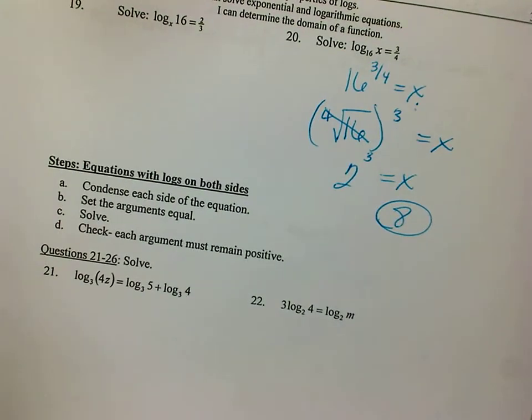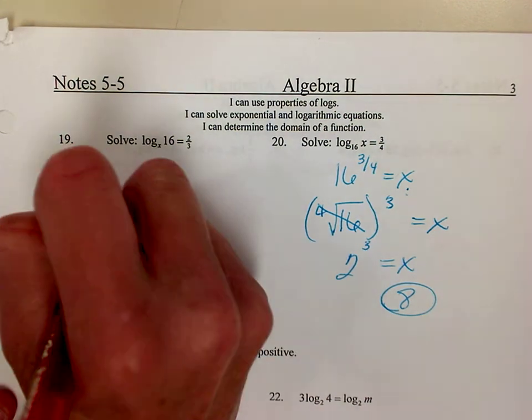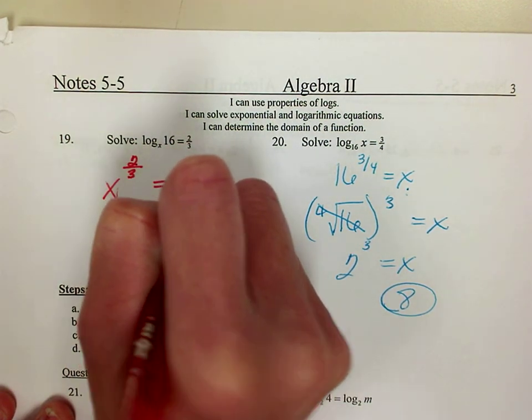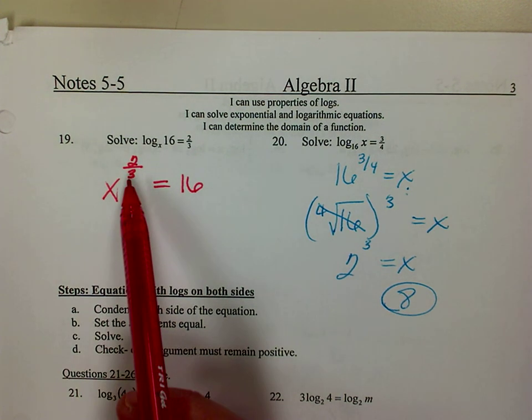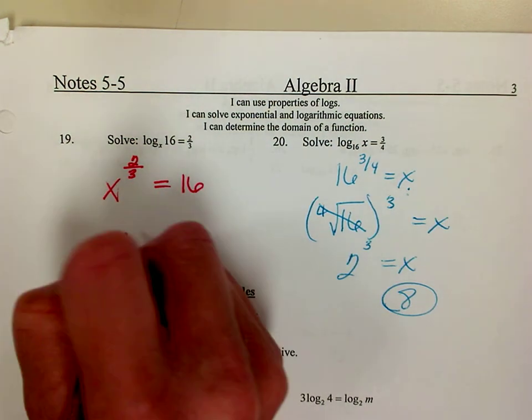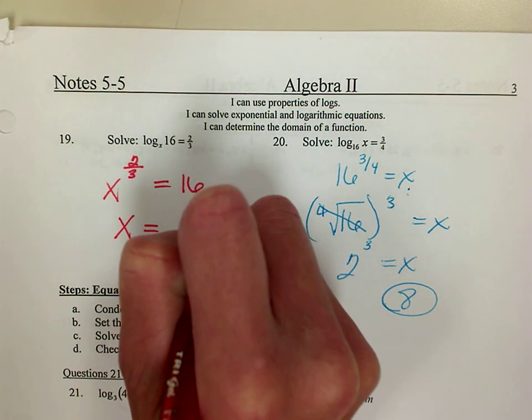And then we said number 19. Okay. So if I rewrite that, it's going to be x to the 2/3 equals 16. Now this one I can't really think about, or maybe you could, I don't know, but you could also move this over to here, but if you move this over to here, you have to do the reciprocal. So I gotta figure out what is 16 to the 3/2 power.